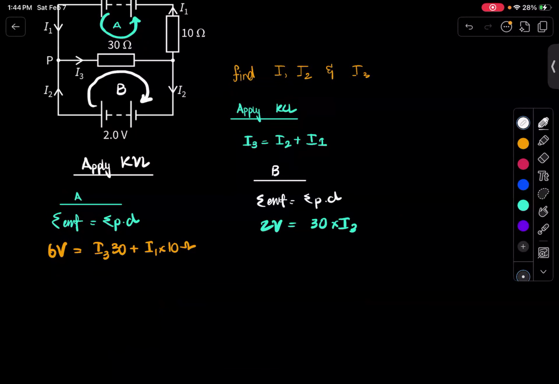So how about I substitute 2 volt over 30 is equal to I3? Oh, I fixed the problem. So I3 is actually equal to 2 over 30, which is going to equal 0.067 ampere. This is going to show up everywhere now.